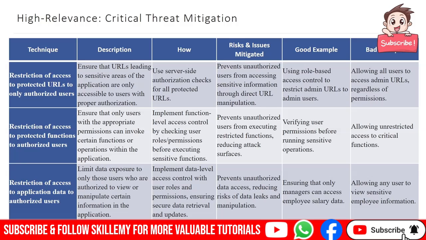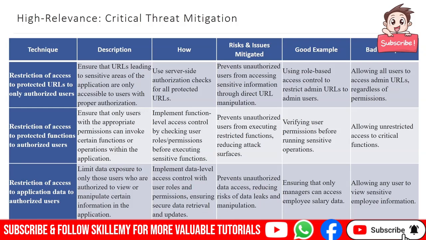This is particularly important in applications where sensitive information, like user profiles or financial data, is displayed. Failing to restrict URL access could lead to privilege escalation, where a lower privileged user gains access to higher privileged functions simply by entering or guessing a URL.